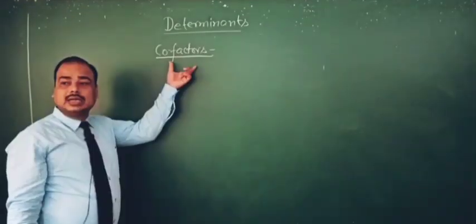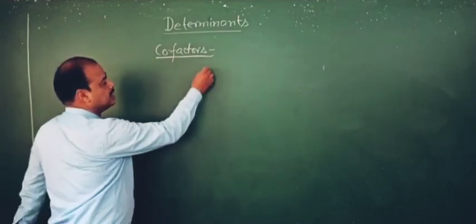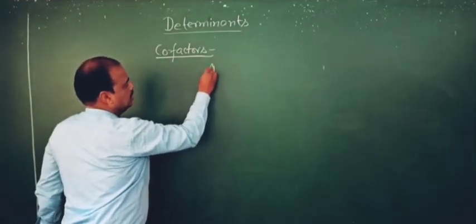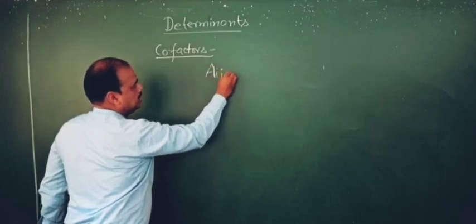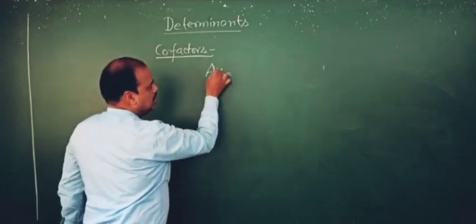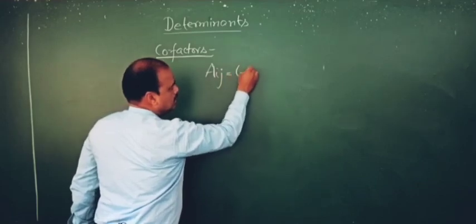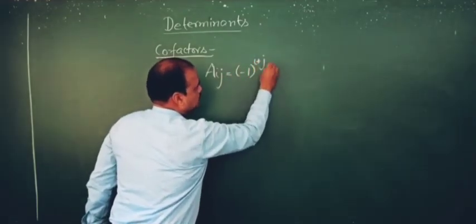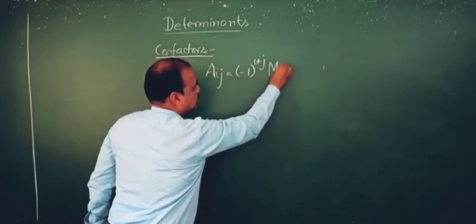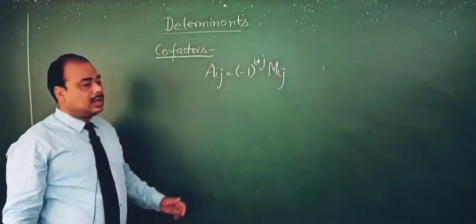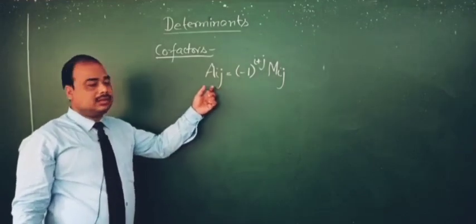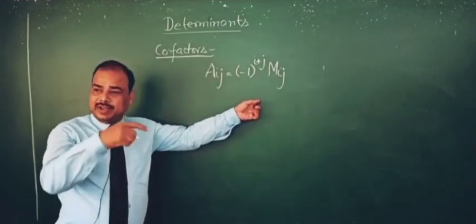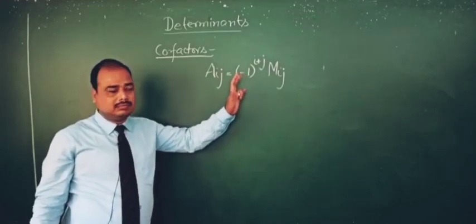Next, cofactor. Cofactor of any element is obtained by Aij equal to negative 1 power i plus j into minor of that element. i and j are the row and column in which the element lies.